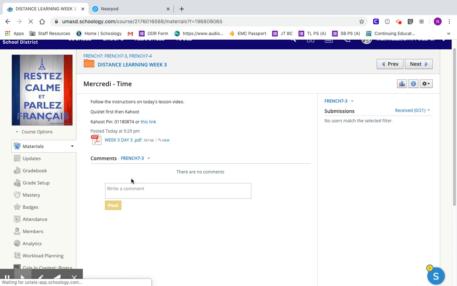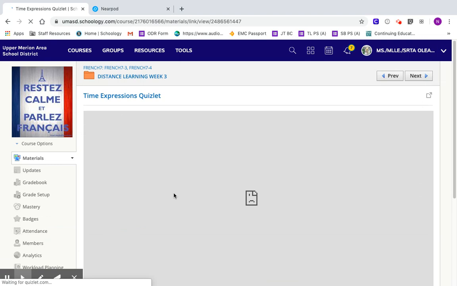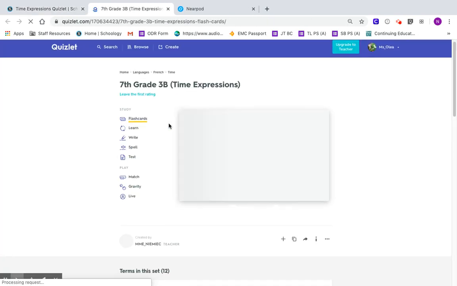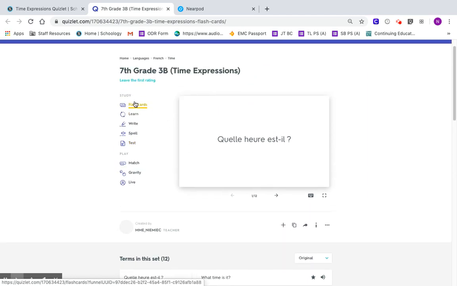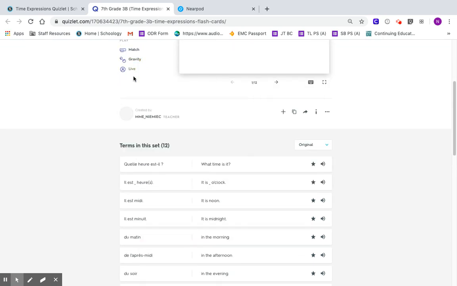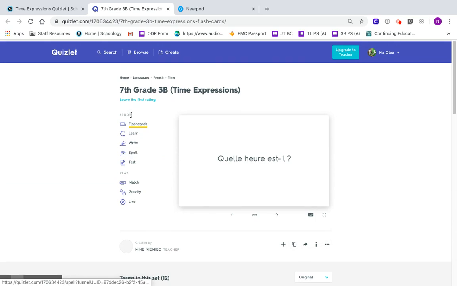Let's go back. If you go to the Quizlet, remember to open it on Safari, because it doesn't always work through Schoology. So what I want you to do is you can either do the flashcards, learn, write, spell test, match, gravity, whatever you want to do, in order for you to practice the expressions.